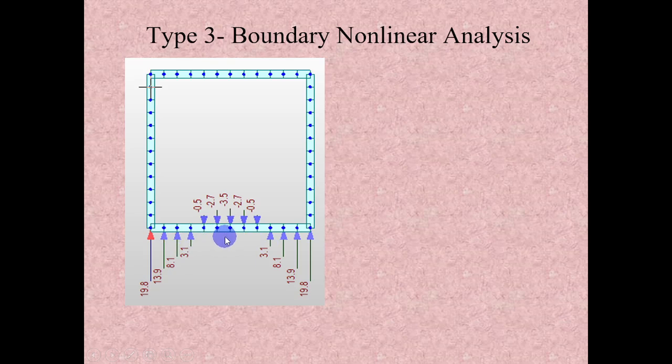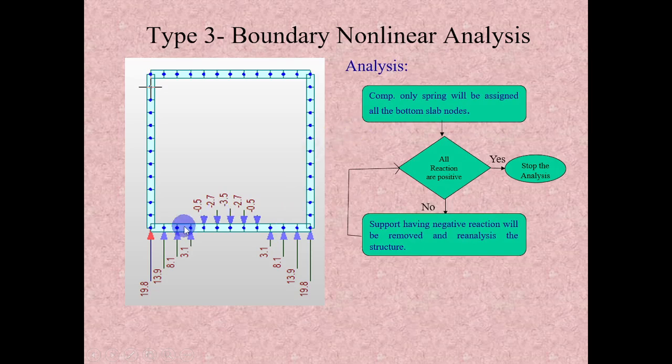So to do the correct analysis, at the beginning of the modeling we have to consider all the base slab nodes with compression-only springs. This is the iteration 1 result. We have to check whether all the reactions are positive or negative. If all are positive, the analysis is over, with no need for any iteration.